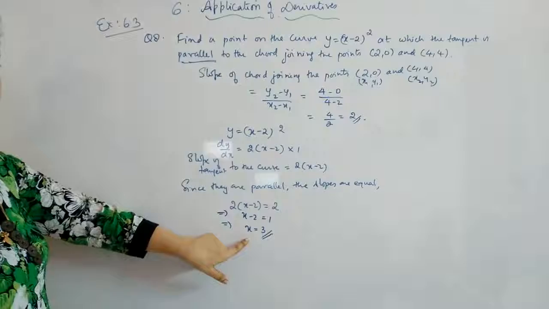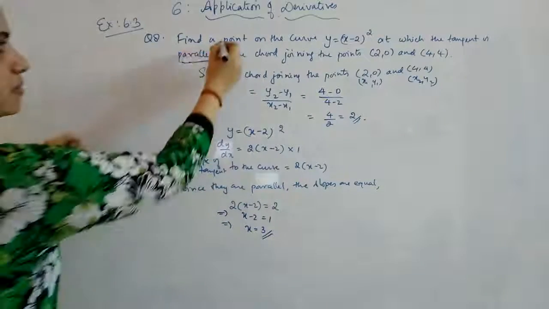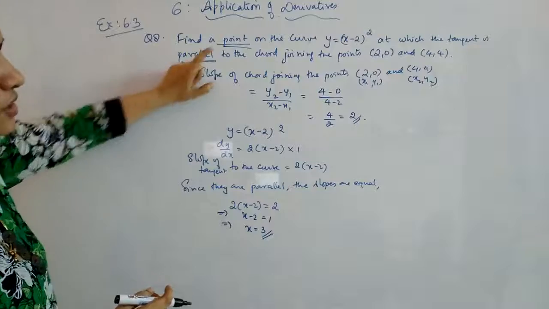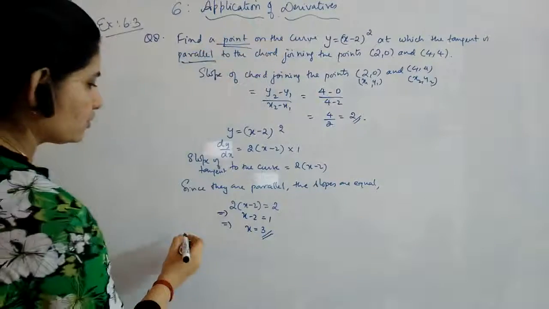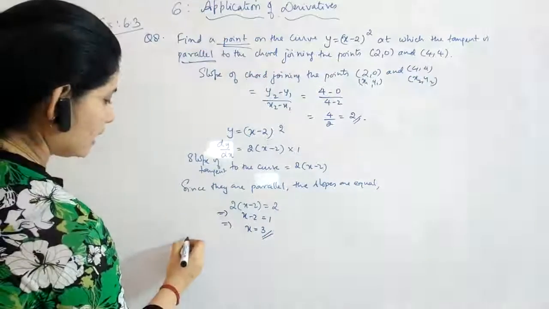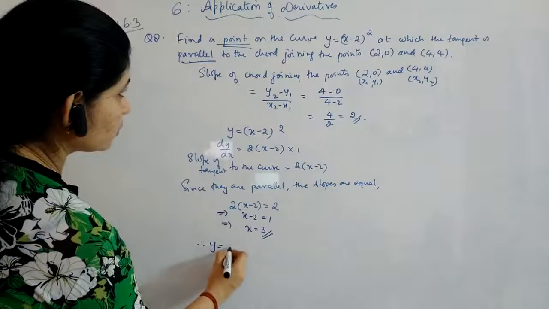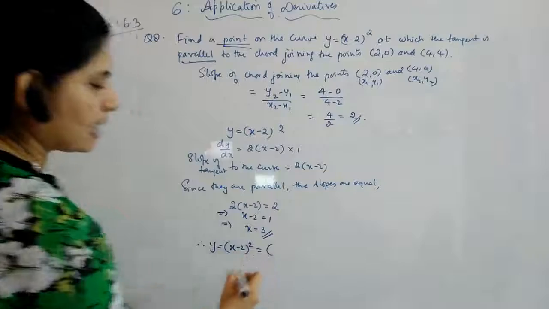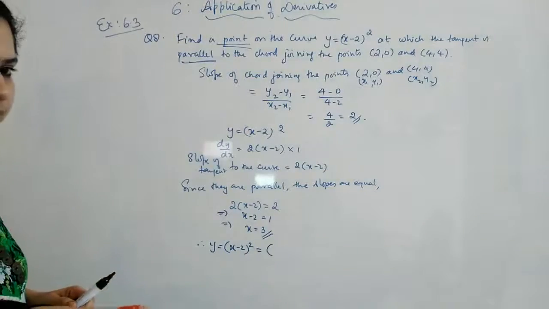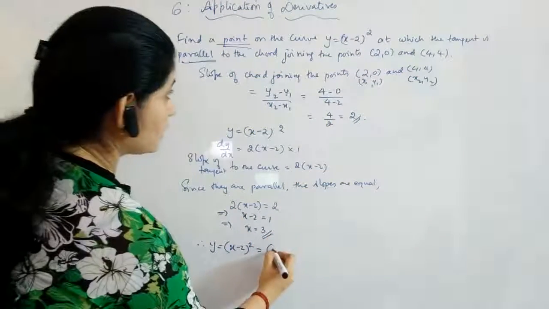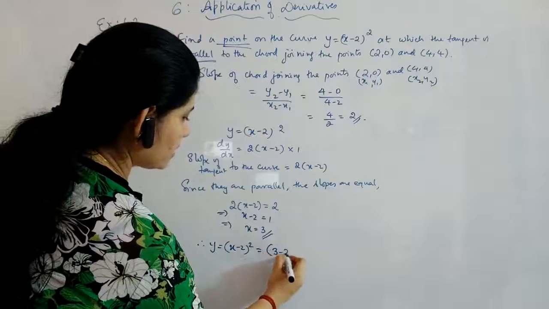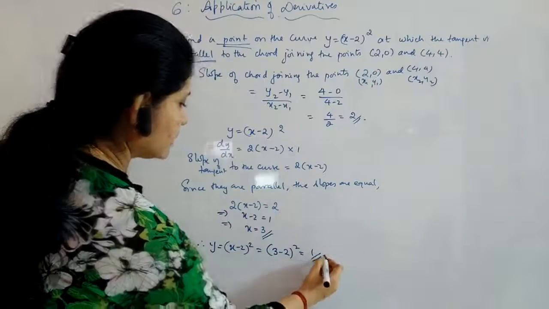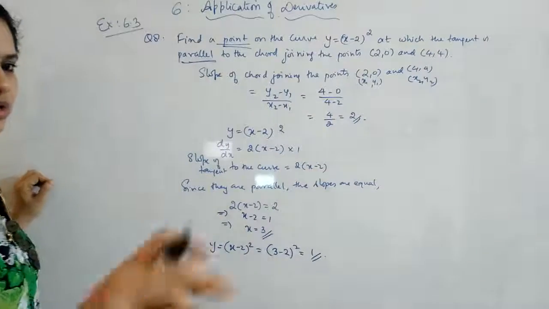Now when x is equal to 3, you have to find out the point, meaning the coordinate x comma y. Again you will substitute it in the curve in order to find the value of y. Therefore y is equal to x minus 2 the whole square, which will become 3 minus 2 the whole square, which is 1. 1 square is 1.